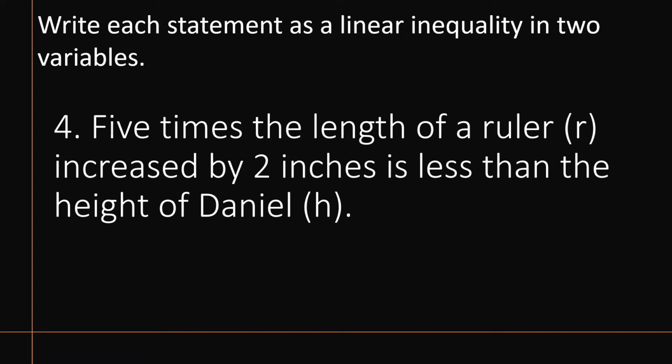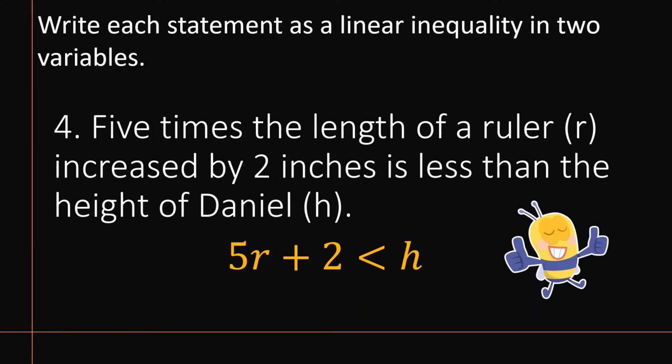Number 4. 5 times the length of a ruler R increased by 2 inches is less than the height of the nail H. If your answer is 5R plus 2 is less than H, then you are correct.